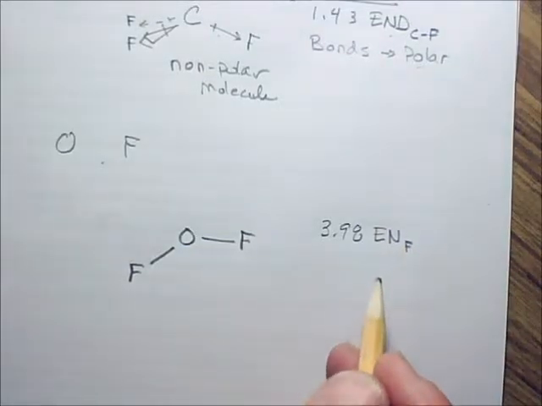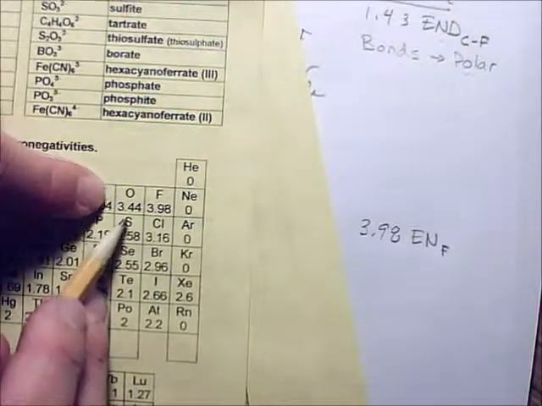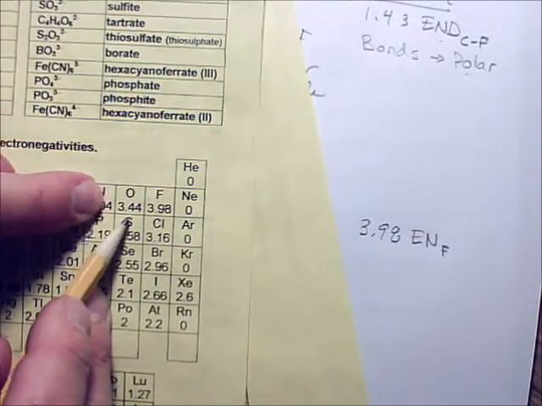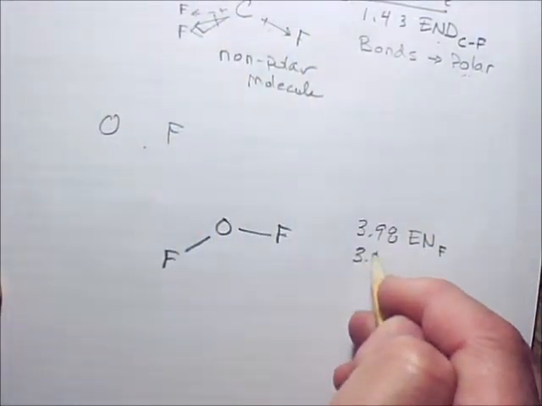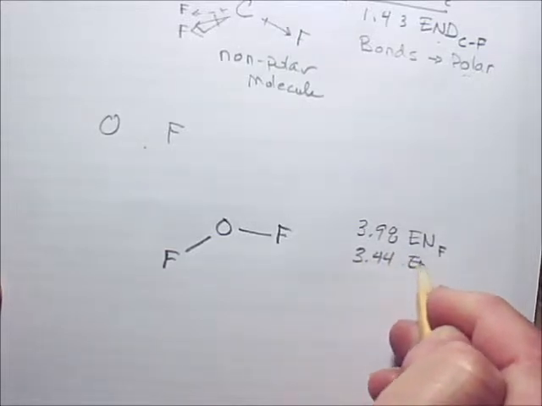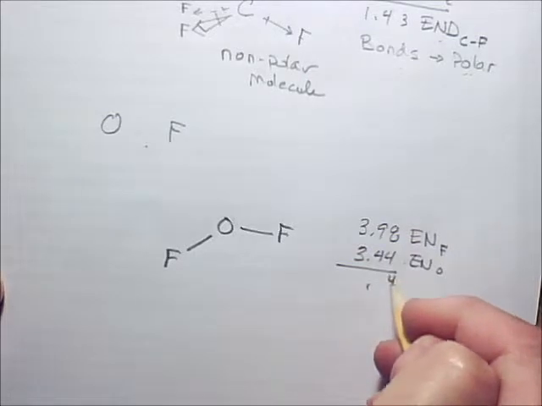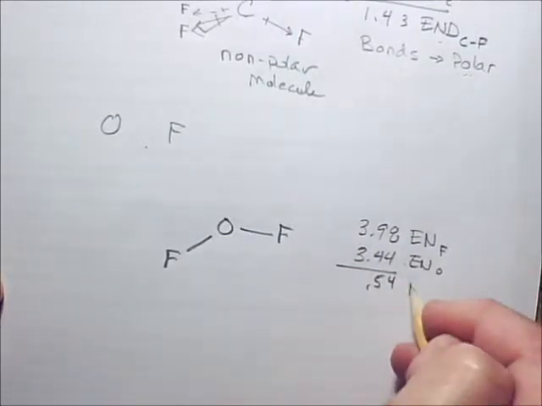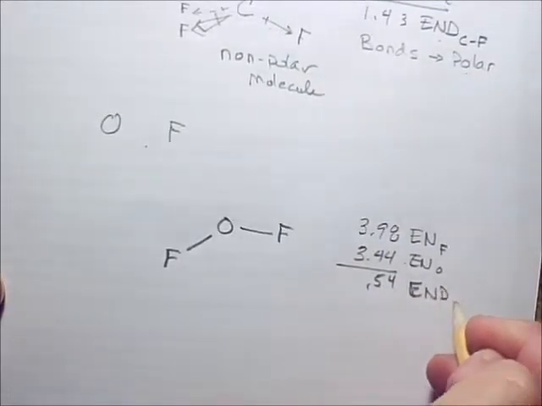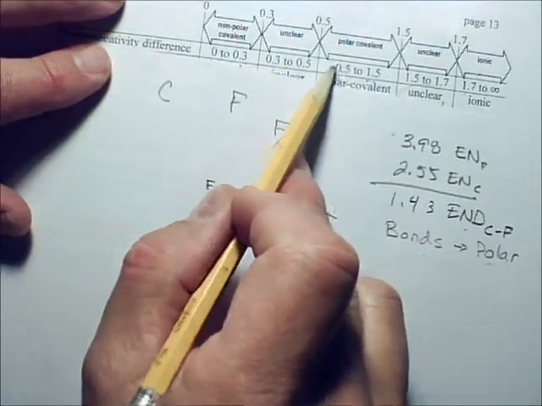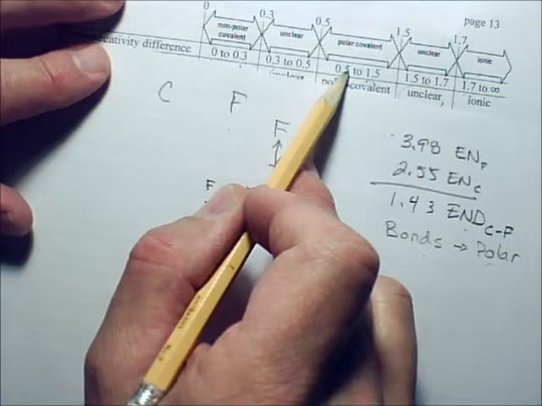So there's the electronegativity of fluorine. The electronegativity of oxygen is 3.44. And so the difference is, let's see, 0.54, right? That's the electronegativity difference for an oxygen to fluorine bond. Well, that's also polar. Okay?